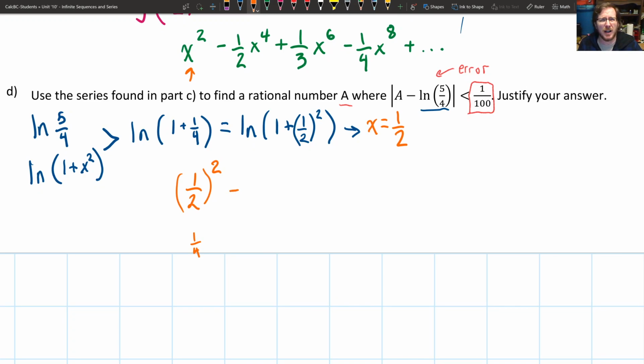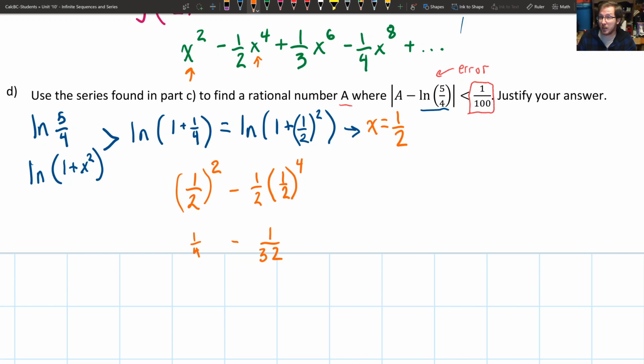Next up, plugging in 1/2, we get 1/2 times 1/2 to the 4th power, which evaluates to 1/32.